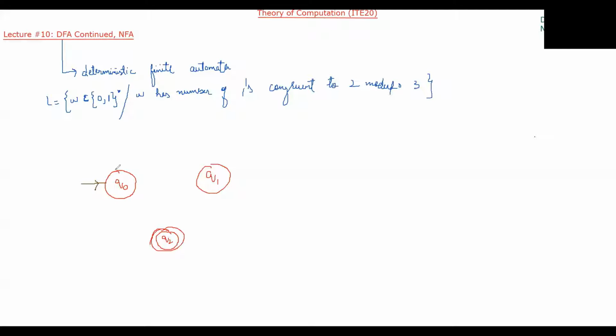On 0 it will stay in Q0, and on 1 it will go to Q1. On 0 in Q1 it will stay in Q1, and on 1 Q1 goes to Q2. On 0 it will stay in Q2, and if we have 1 it will go to Q0.